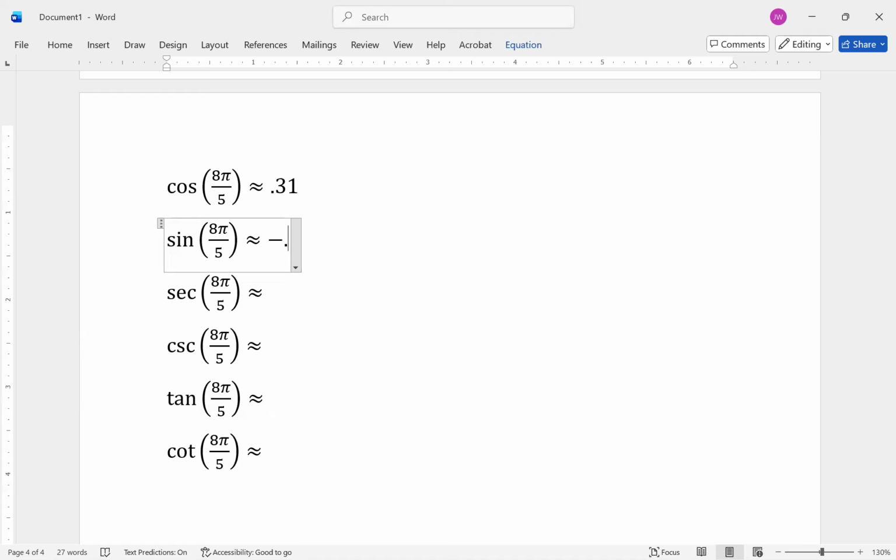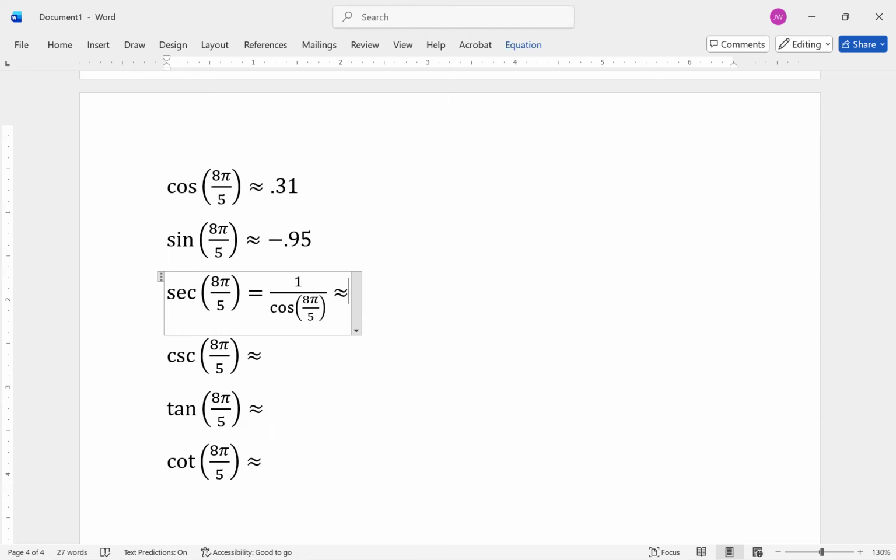That's negative 0.95. Again, notice that cosine and sine are always going to be between -1 and 1. Secant is going to be 1 over cosine. So we can do 1 over cosine of 8 pi over 5. That's what I'll be typing into my calculator. And when I do that, I get about 3.24.